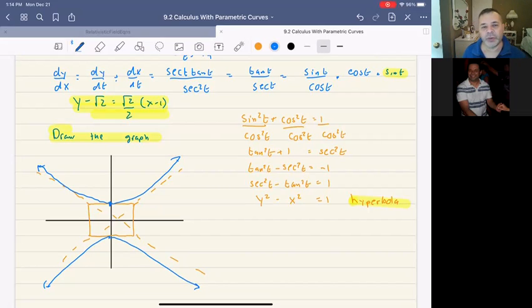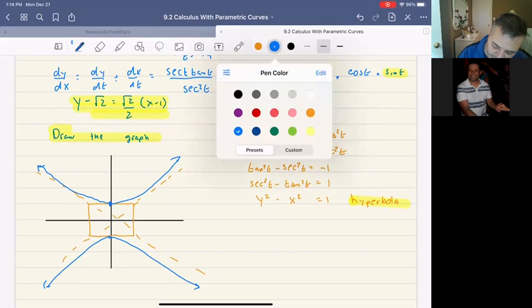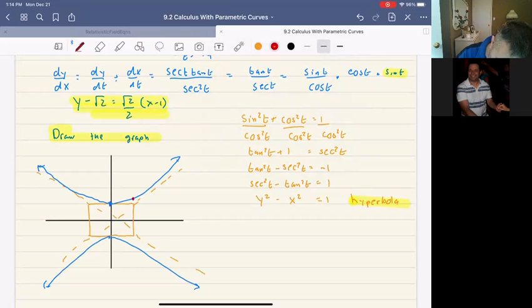Okay, now where's the point 1 comma square root of 2? 1 comma square root of 2, that should be right about, let's draw it in red, let's say. We have drawn it as here. And so this tangent line is basically this line.